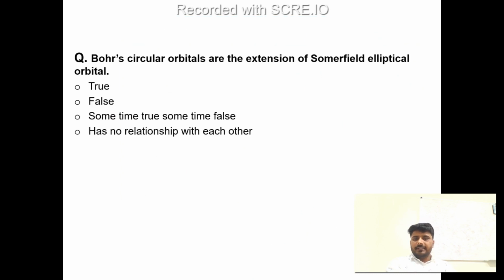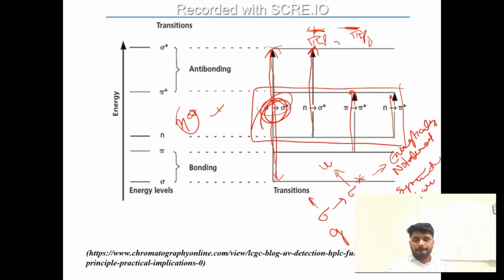Pi bonding to pi anti-bonding, yes, pi star. Let's say you have water, there is no pi bond, right?